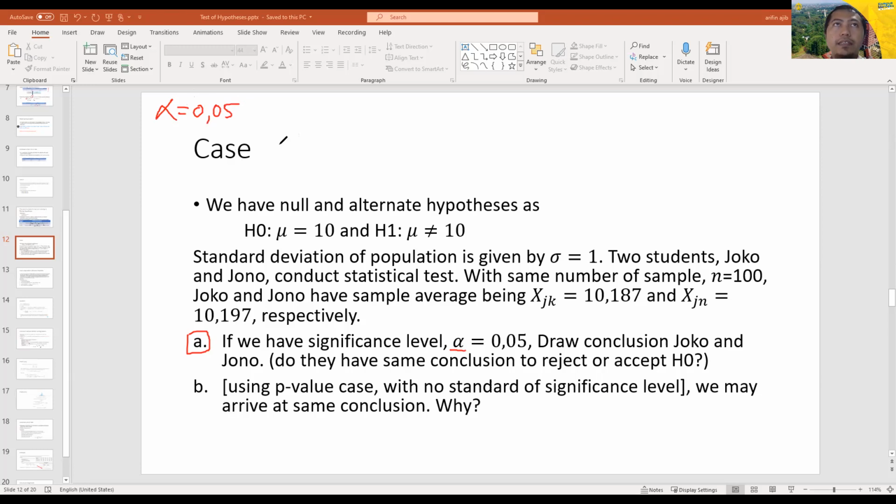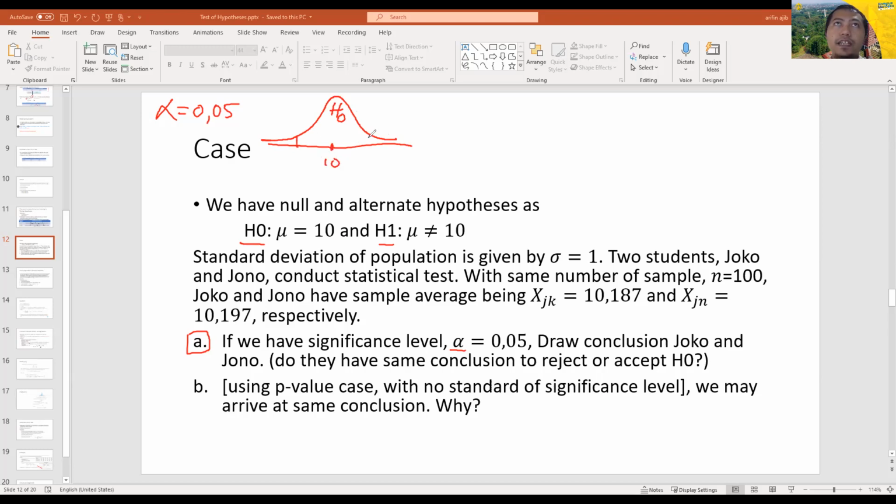And then we can draw the region of hypothesis here. For example, this is the area of the null hypothesis. This is 10.